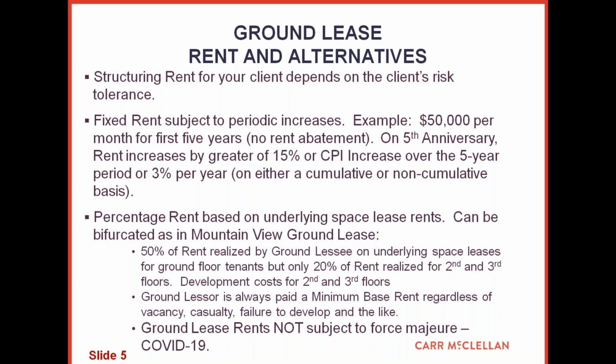It can be the greater of 15% or the CPI increase over the 5-year period, subject to caps, etc. We had a fairly aggressive ground lessee in this deal, so we negotiated just a straight 15% increase every 5 years. It's still very good income to our clients, and everybody was pleased.